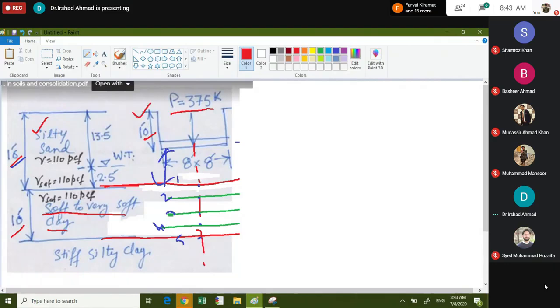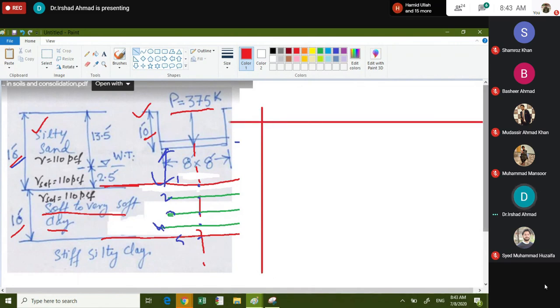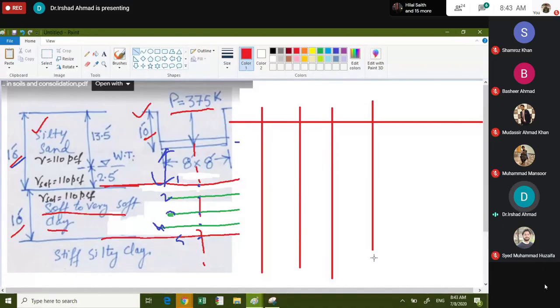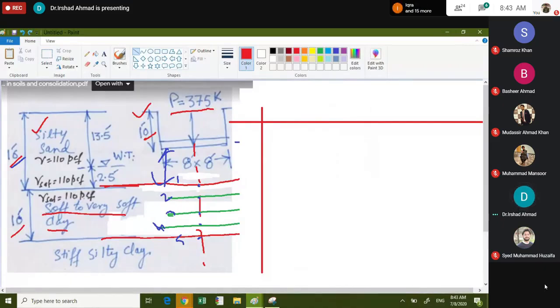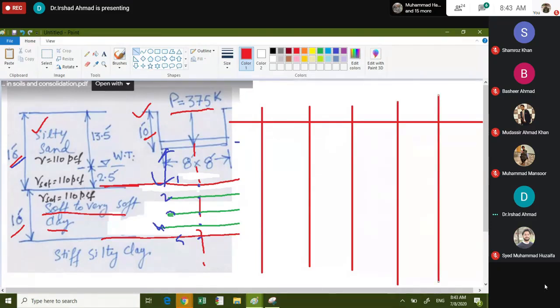The table has serial number here, value of Z here, value of m here, value of n here. Okay, let's be a bit broad.